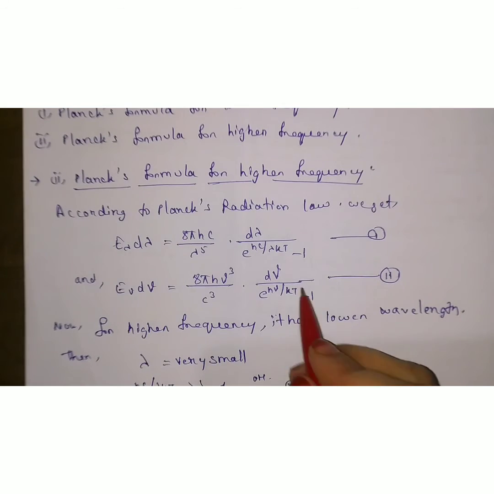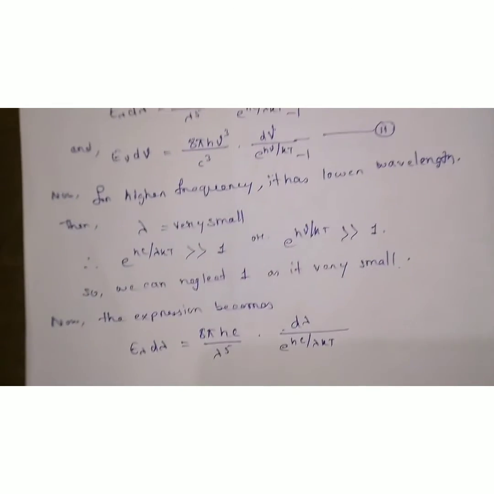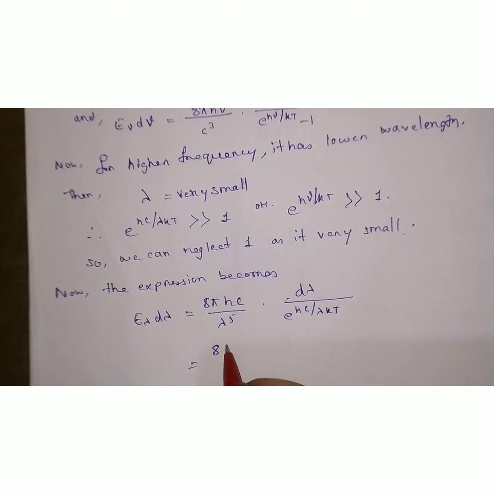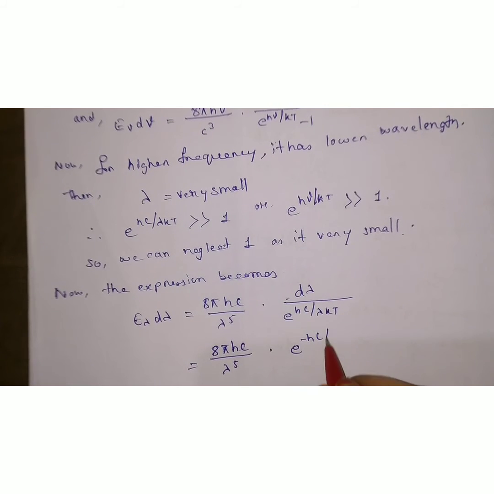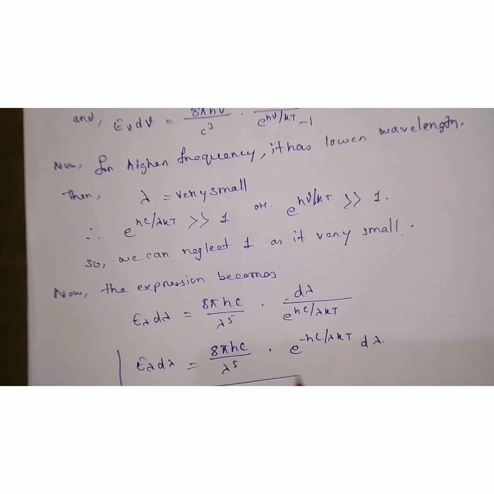We can neglect 1 as it is very small. So we can write E lambda d lambda is equal to 8 pi hc by lambda to the power 5 into e to the power minus hc by lambda kt d lambda.